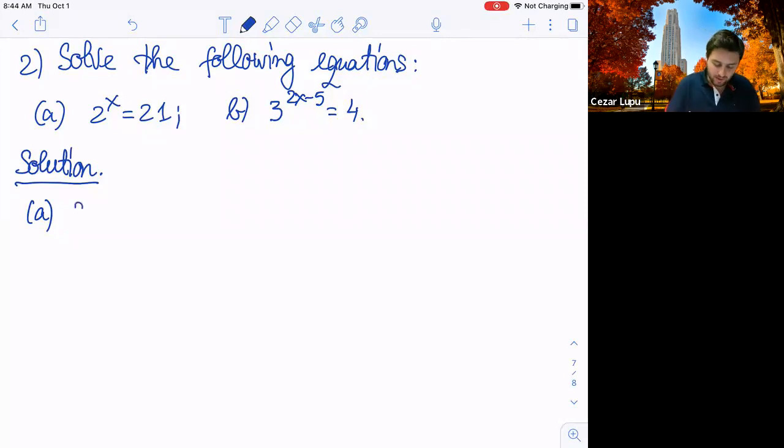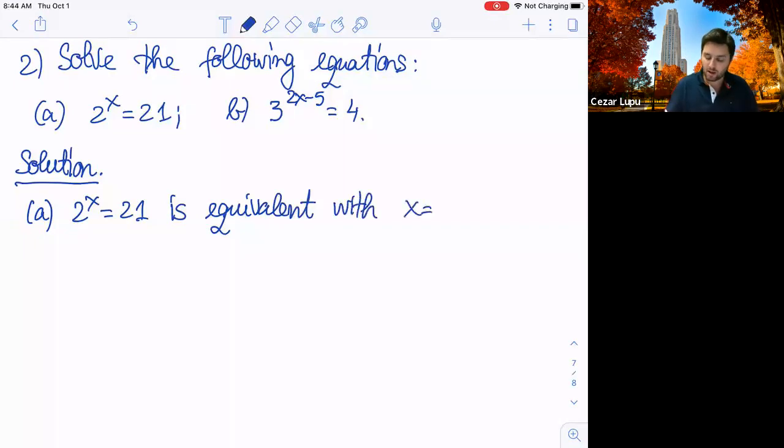Basically it's just the property. So 2 to the power x equals 21. By the way we define the logarithm, this is equivalent with saying that x is nothing else than just log in base 2 of 21. And that's it. This is the number that verifies this equation.